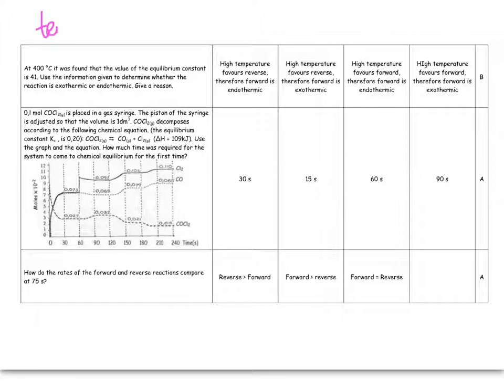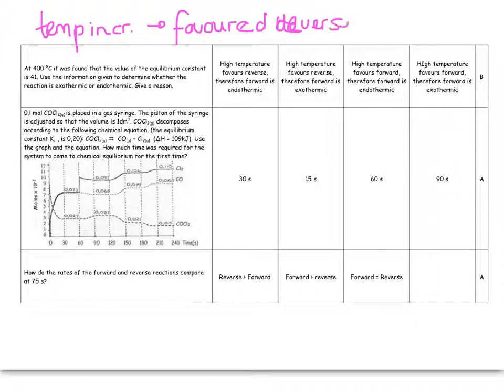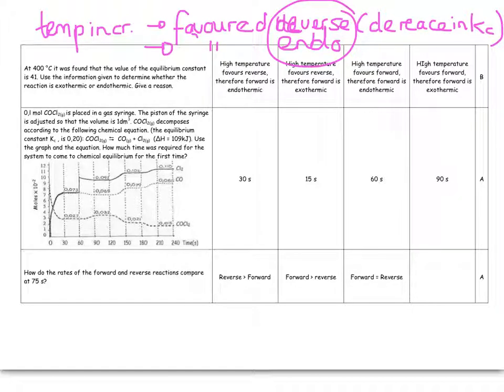When I increase the temperature, I favored the reverse because I decreased the Kc. Then you need to say that a temperature increase will always favor the endo, and therefore the reverse must have been endo, and therefore the forward must have been exo.